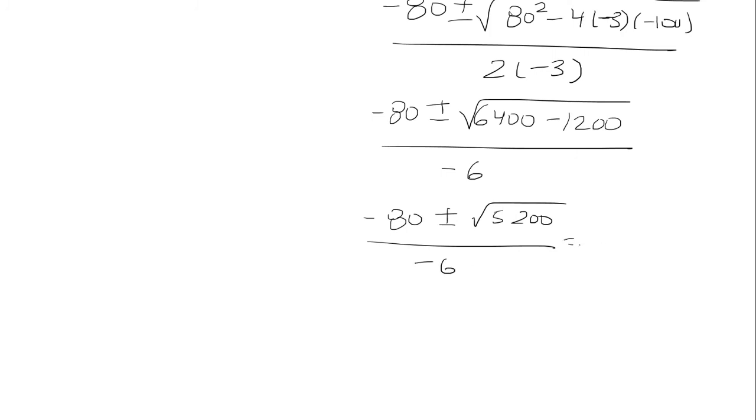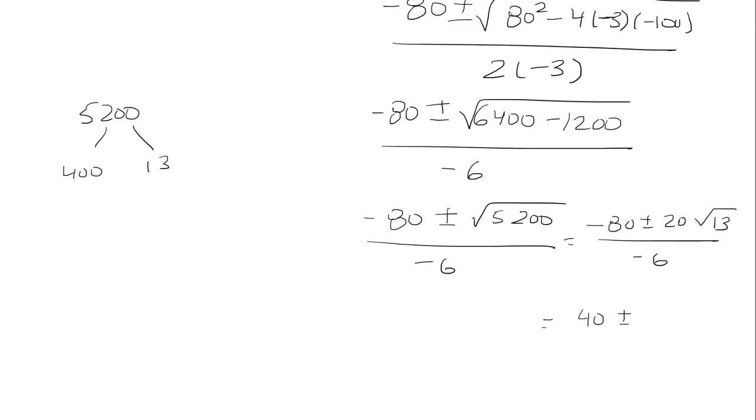Here, let's see, I can factor out a 400. 5,200 is 400 times 13. The square root of 400 is 20, so we can pull out a 20. And then I'm going to divide everything by -2. So -80 divided by -2 is 40, 20 divided by -2 we'll just put as 10, and -6 divided by -2 is just 3.